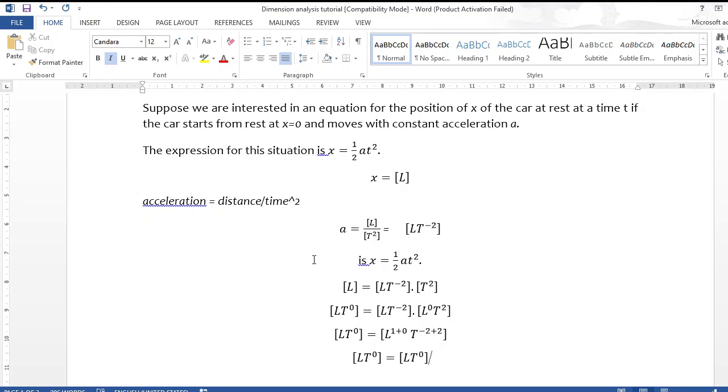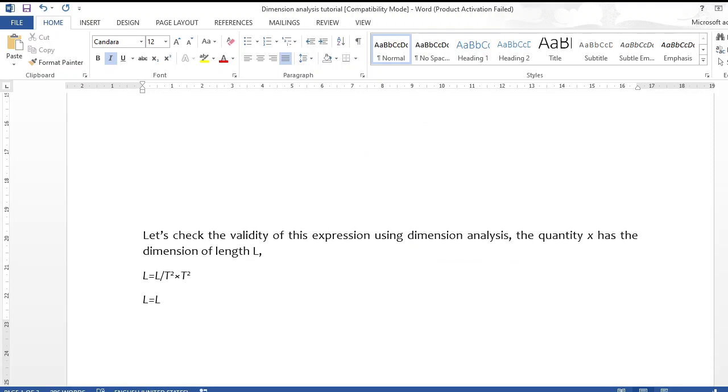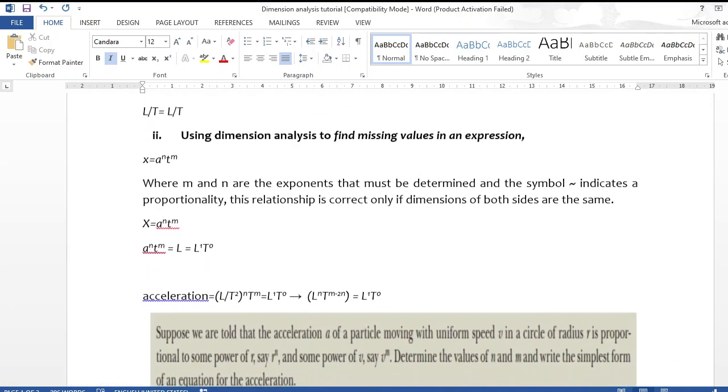And by dimension analysis, we can conclude that this particular equation is a correct equation because all the dimensions are balancing. The dimension on the right hand side is balancing with the dimension on the left hand side. So that's how we check whether an equation is correct or not.